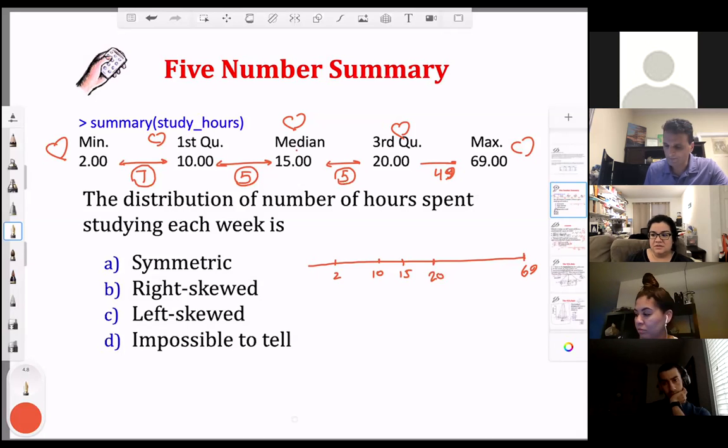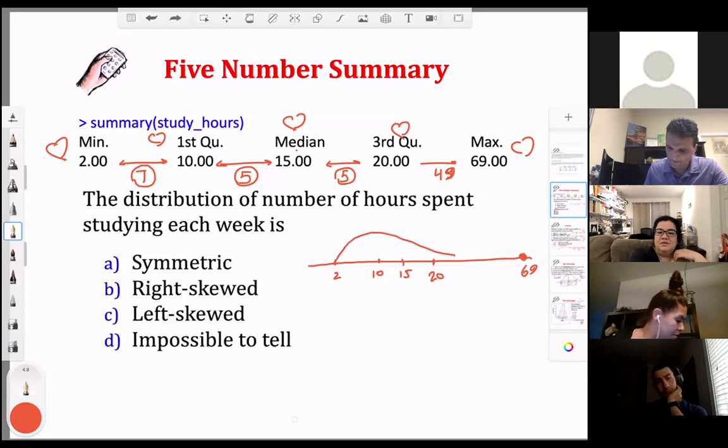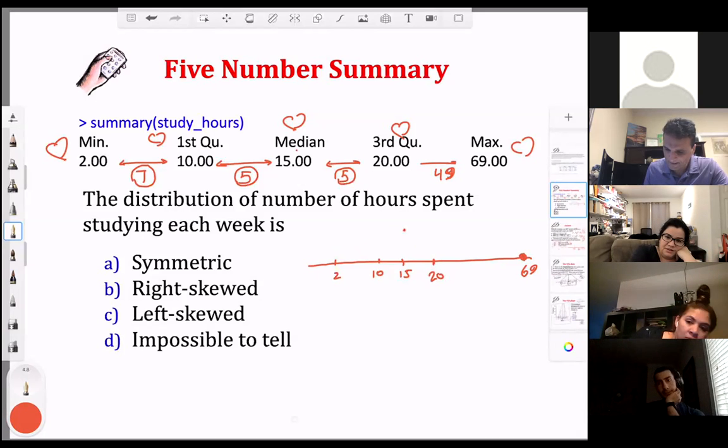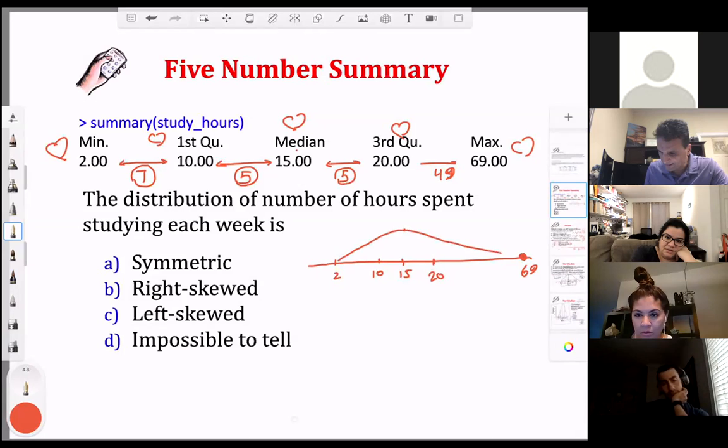This is right skew because the 69 is the max. This is a point in the data. 15 is the median, correct? So the median is here. I need to get to that 69, so it will go to the right. It would be right skewed.